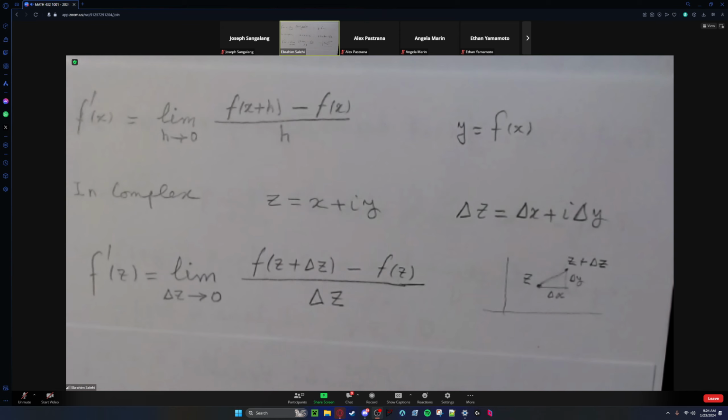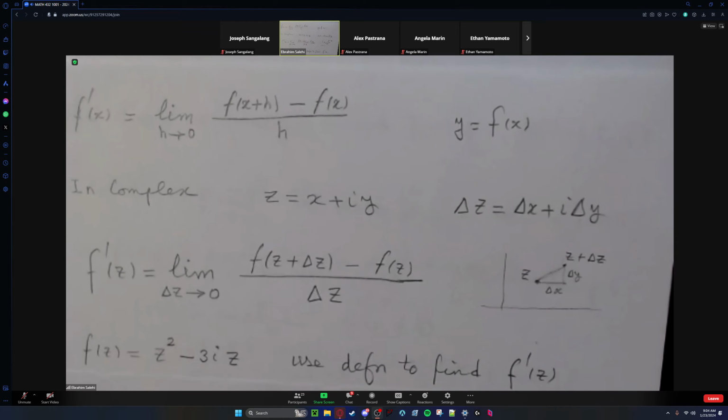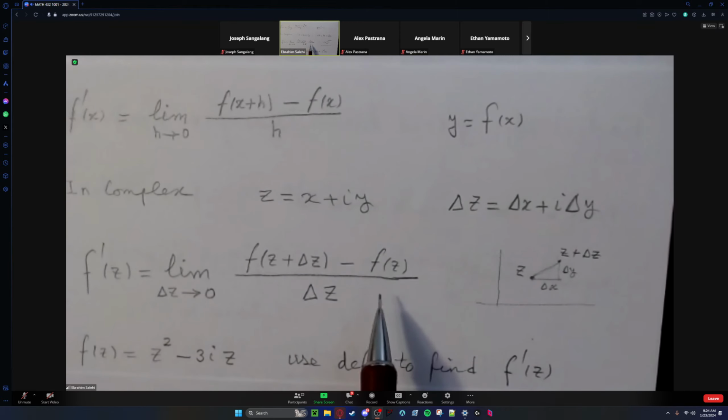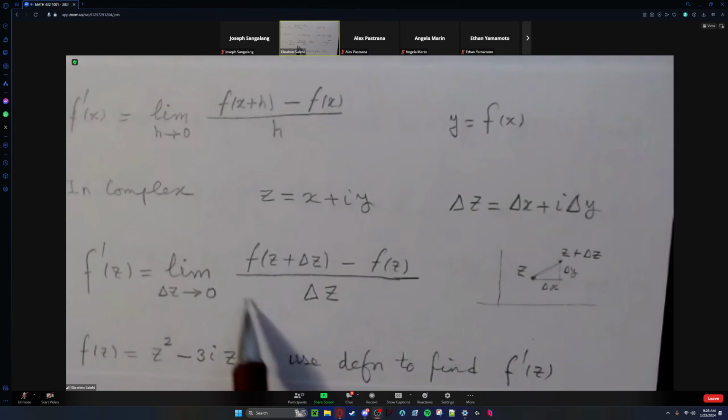All those rules that we developed in calculus 1 and calculus 2 concerning derivatives are valid here as well. So sometimes it's good to know what the definition of derivative is and use it to find f prime of z.